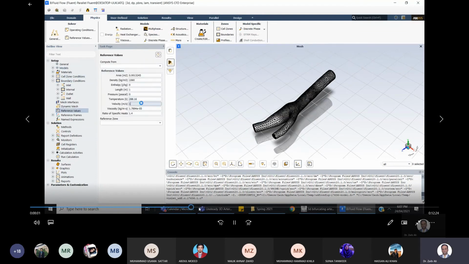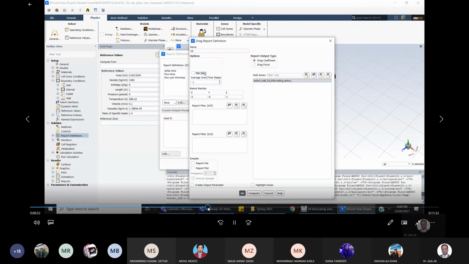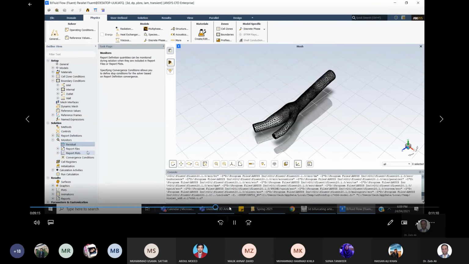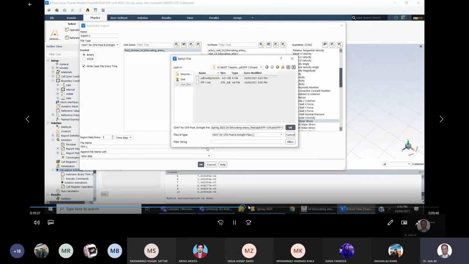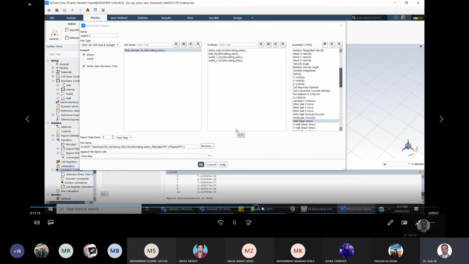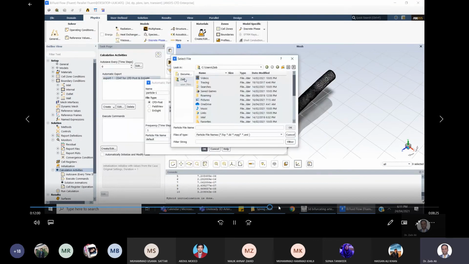And the rest of the things are as per routine. So then you can also set up the unsteady flow simulation, storing the data for later post-processing.